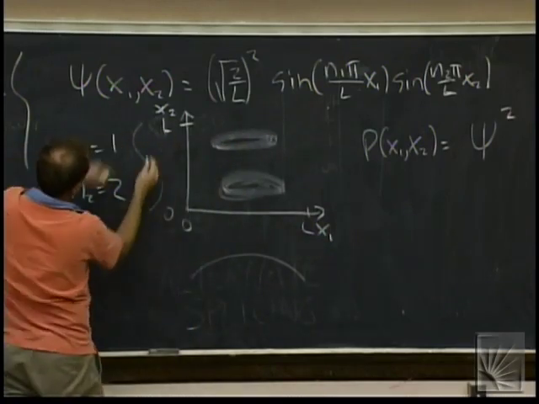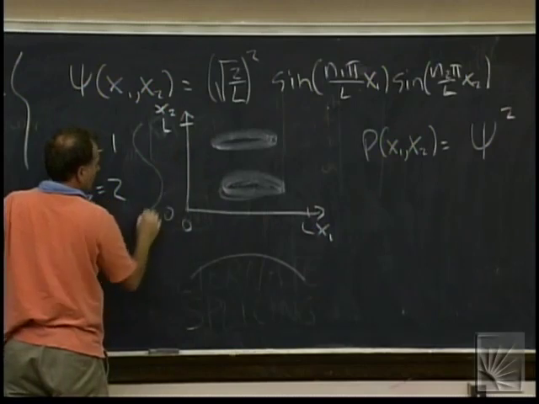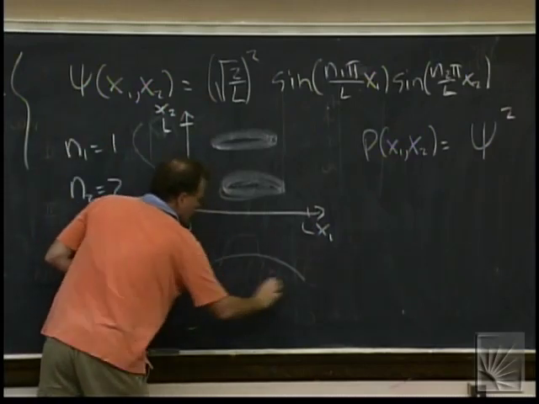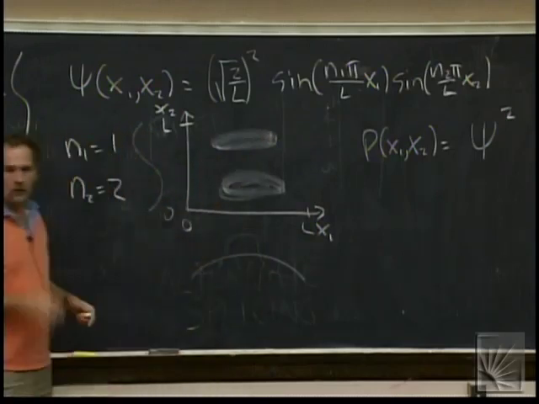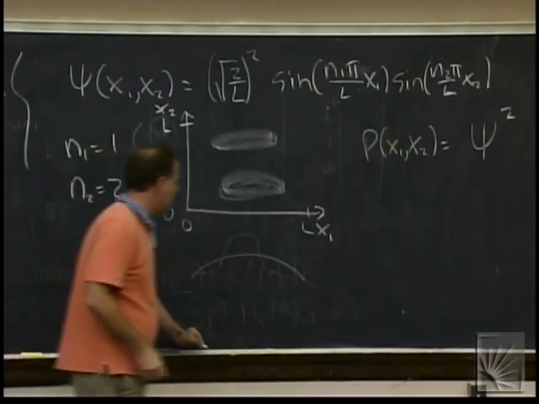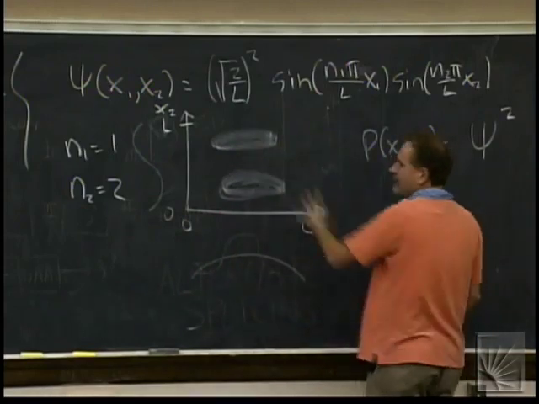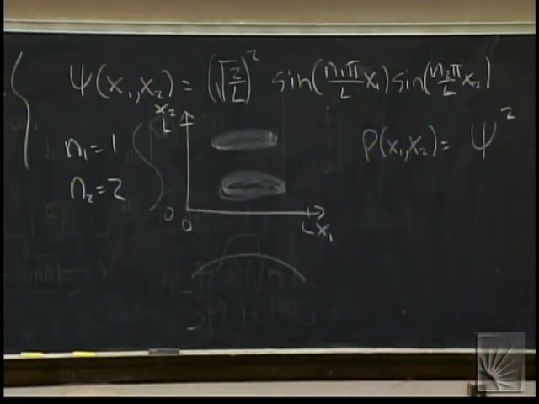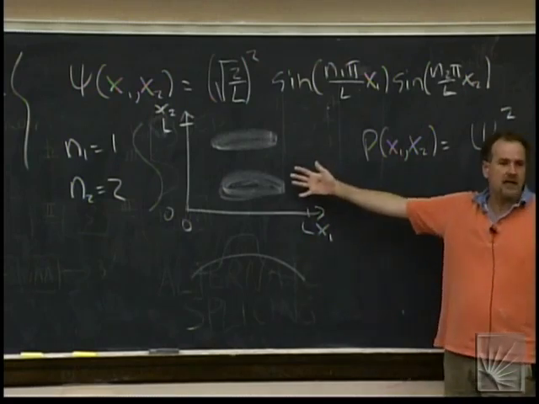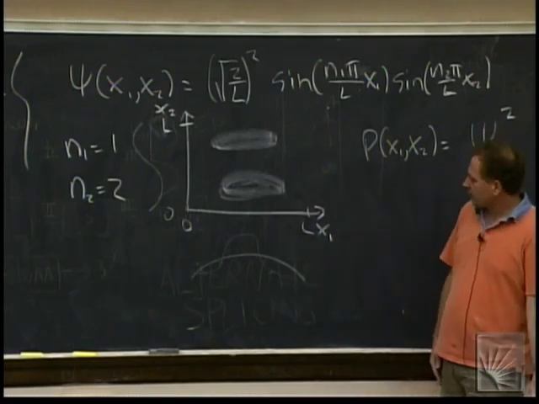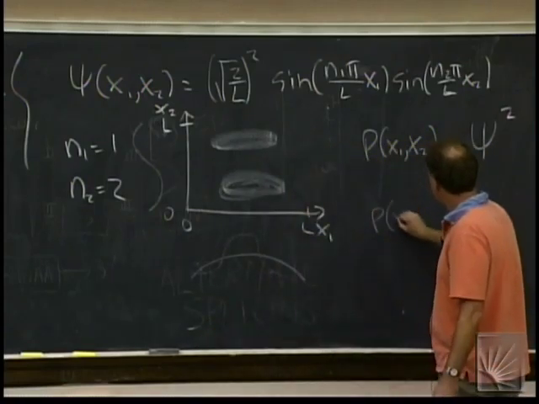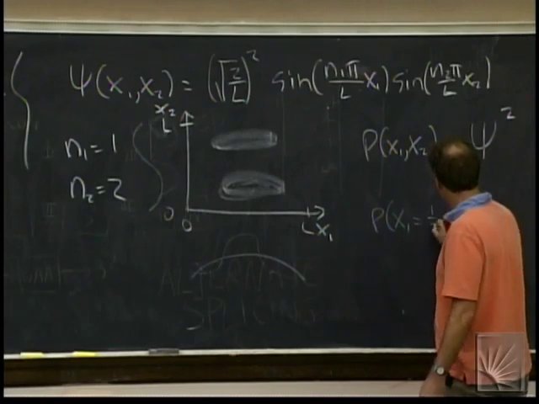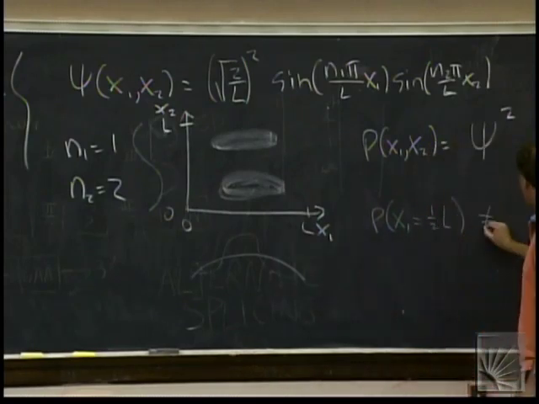Going in this axis, I'm going to square it. Psi would look more like that. The probability, the square, will look more like that. So it's going to look like two areas of concentration of probability plotted on this graph, which is not really a physical plot, right? I mean x for both of them, but it's just this kind of combined idea. So for instance, note that the probability that x1 equals 1/2 L is actually the maximum.